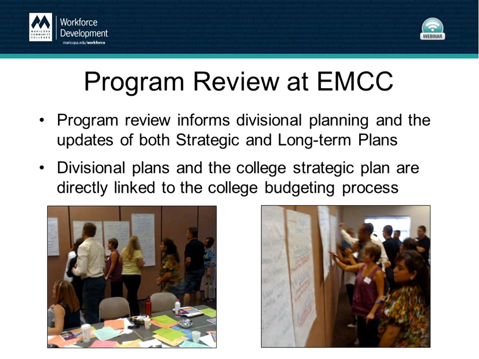What was really unique about this process is once a division or a faculty member does a program review for their program area, that information then is considered across the campus into the strategic plan.